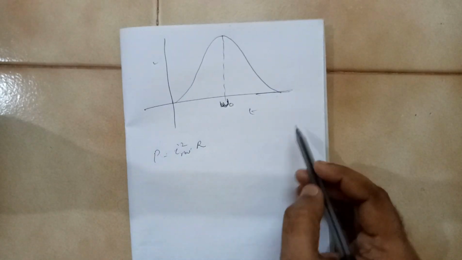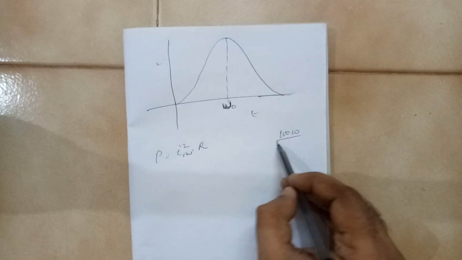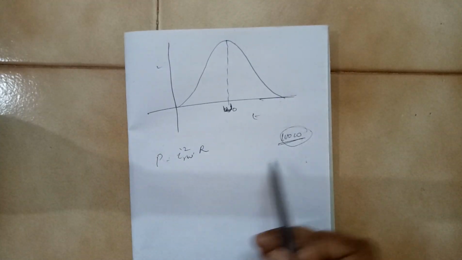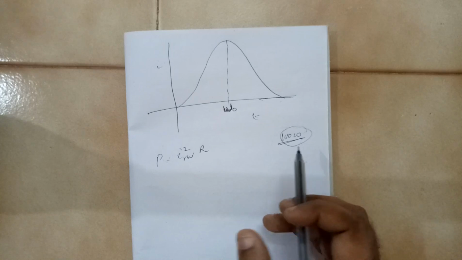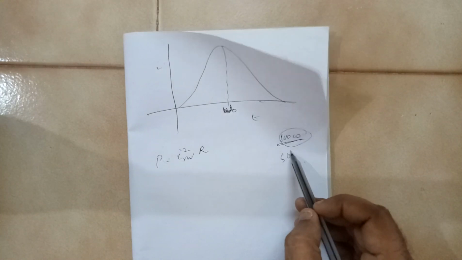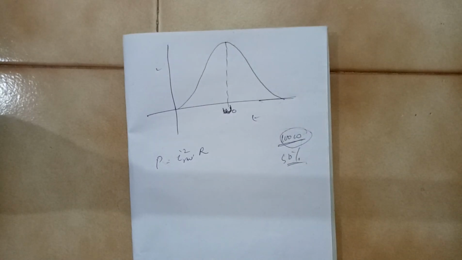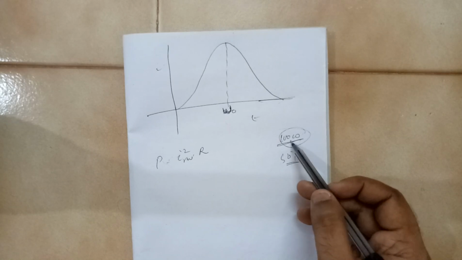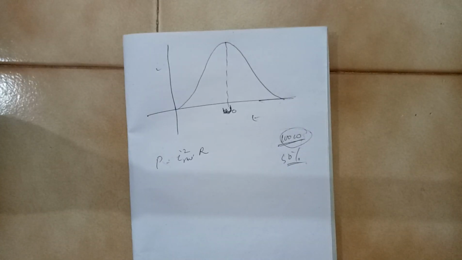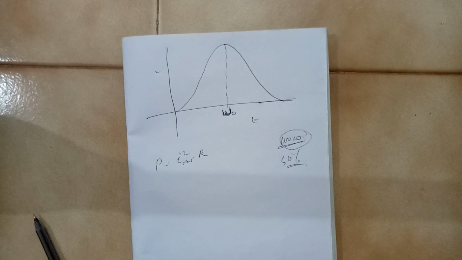Let us say the power output is 100 watts at a certain frequency. We need to identify the frequencies at which you are getting at least 50% of this power output. So 50% of the power output means 50 watts. If it is 120 watts, it is 60 watts. At that particular frequency, the power output should be at least half of that.